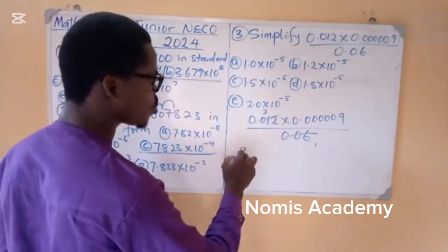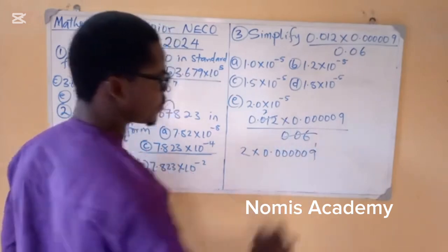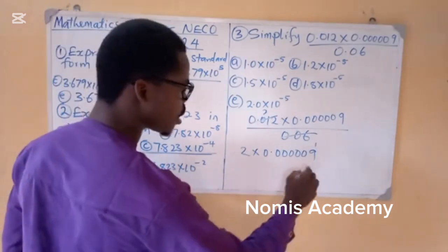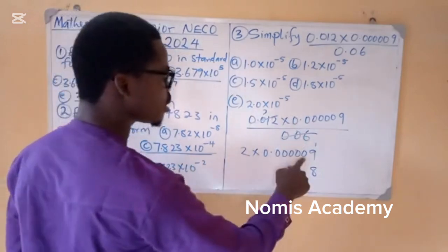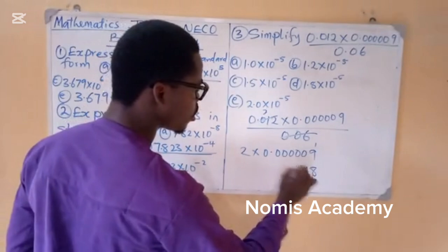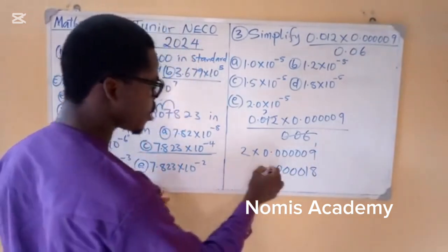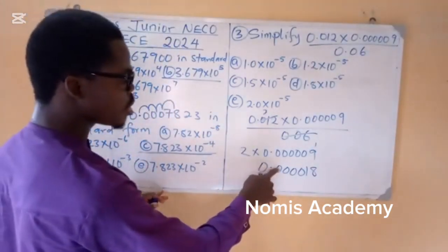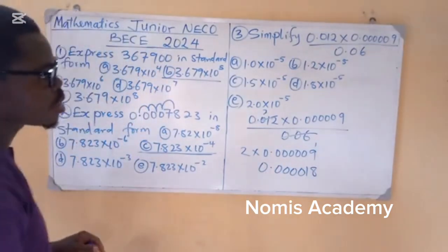So what we now have is 2 times 0.000009. Now let's multiply. 2 times 9 is 18. You write 8, carry 1. 2 times 0 is 0 plus that 1. Then 2 times 0 for the remaining zeros. So we have 0.000018.